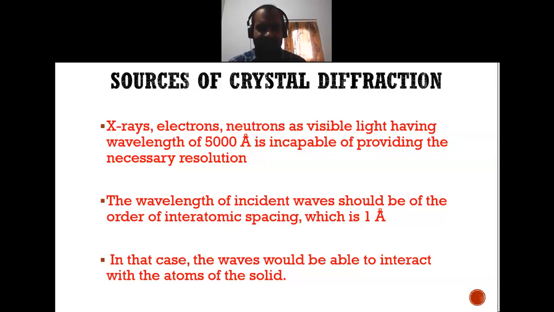The interatomic spacings are so small, and the wavelength of visible light is so long, that there would not be any interaction with the planes. Suppose you illuminate any sample, any material, like salt.